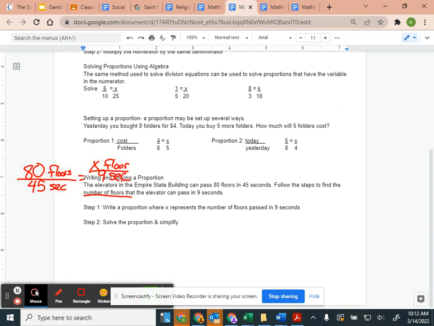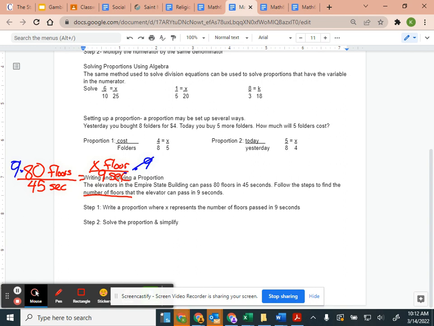The first step in solving this is you have to do 80. Okay, so you have to cross out the 9, because then you have to do 80 times 9. So I'm going to multiply both sides by that 9.